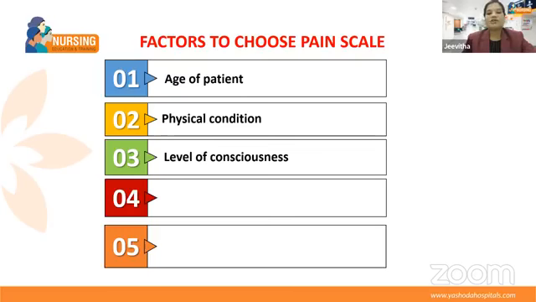If the patient is unconscious, we can't use scales like the Wong-Baker scale. So for that reason, you need to check the conscious level of the patient, the mental status of the patient, and, as I mentioned, the ability to communicate. Because a few scales are very helpful to see how the patient is explaining, whether he is able to respond as per the scales, as per the severity of the pain. So these factors also have to be considered in assessment of pain scales.